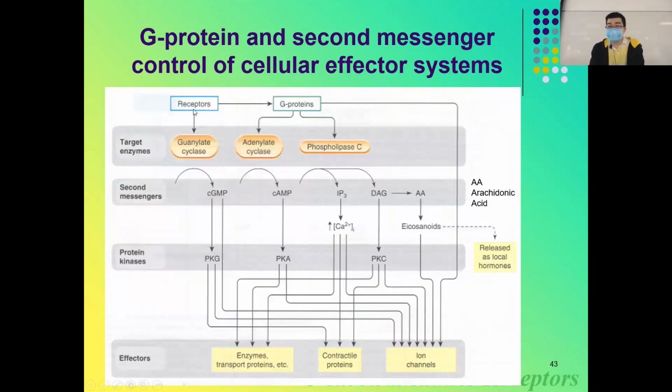Now, this is another example of how they can integrate together. The receptors have to activate the G protein, then they can activate adenylyl cyclase or phospholipase C, and all of those integrated together mean the effectors can be enzymes, transport proteins, contractile proteins, or ion channels.